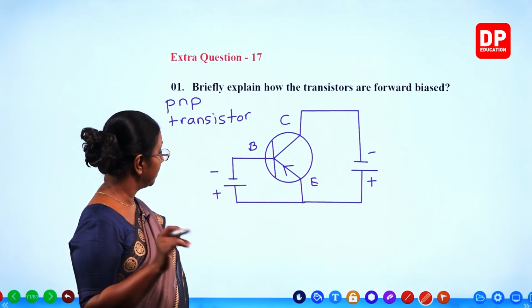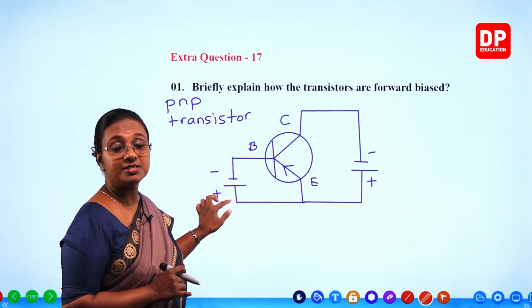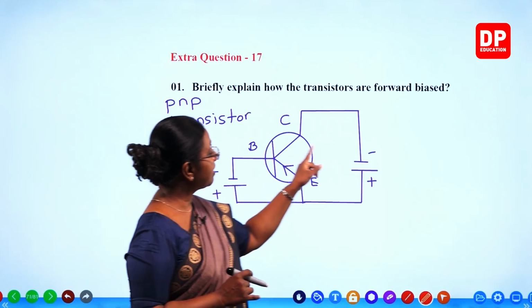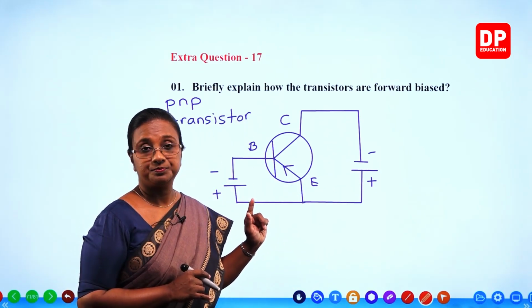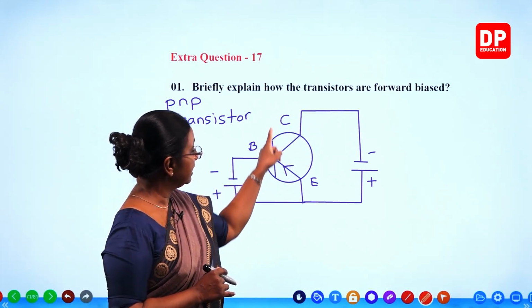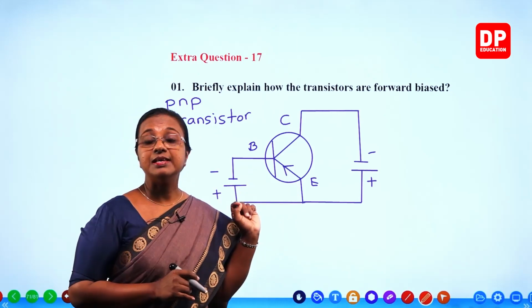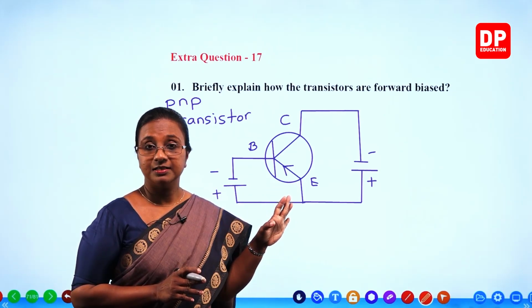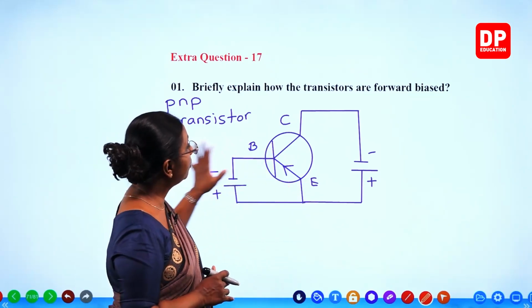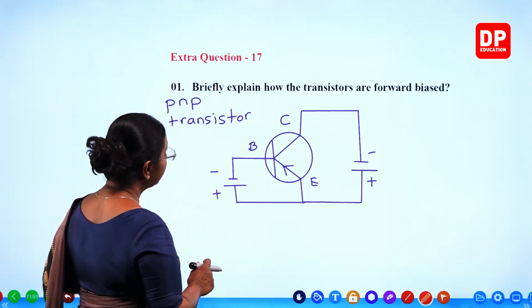We provide a small voltage for the base, while we supply a higher voltage for the collector circuit. Then there will be the collector current flowing, and here the base current flowing. Is that clear? This is how we forward bias a PNP transistor. So, briefly explain.